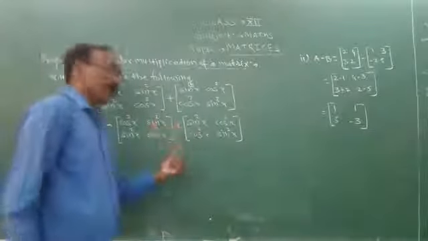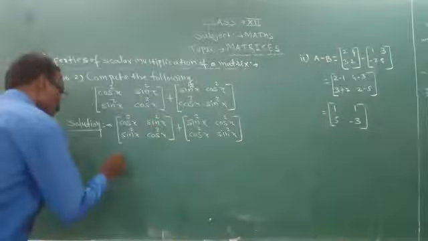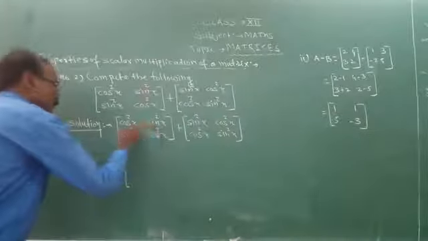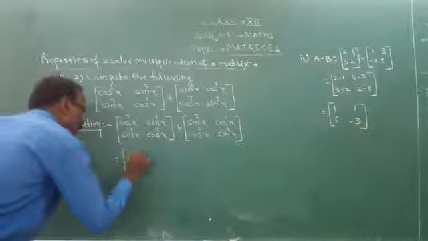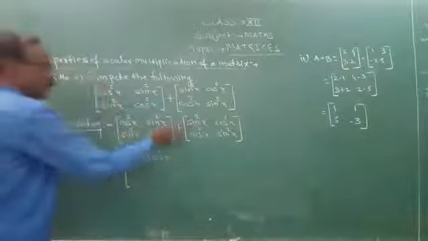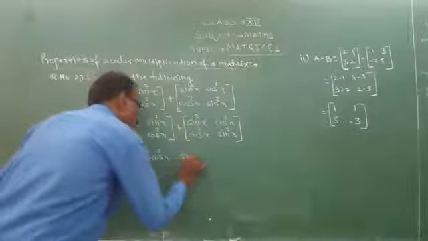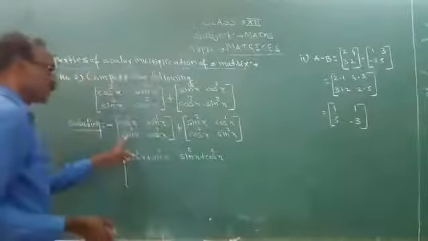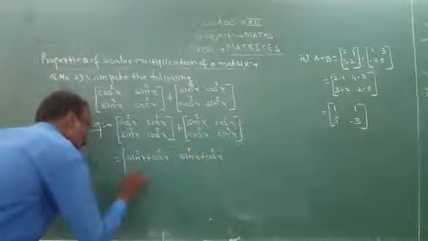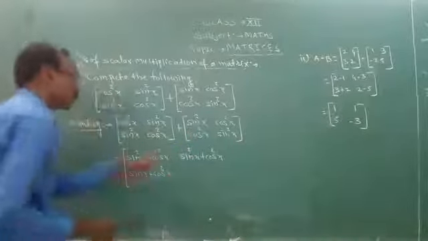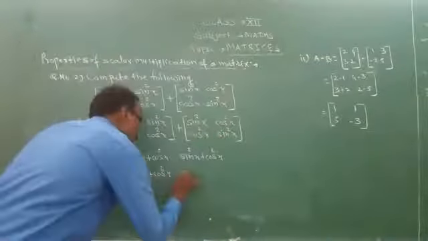Since we are adding two matrices here, this will be equal to sin square x plus cos square x in every position.